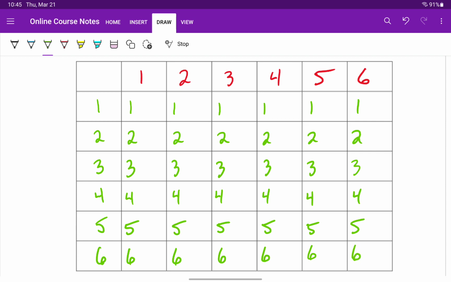And then we'll look at that top row, and we'll take each value and continue it down, so that in our first box now we get the combination where we could roll a 1 on the first die and a 1 on the second die, a 2 on the first die and a 1 on the second die, and so on. We'll continue to do that with our remaining columns, bringing that value at the top down into each of the boxes.